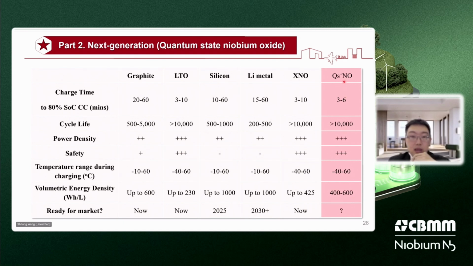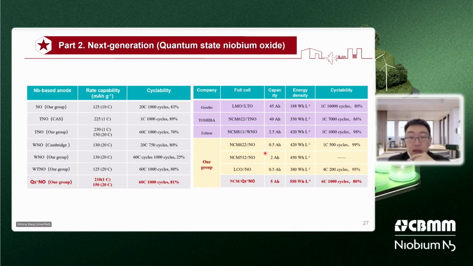And you can see the properties, especially the power density, safety, as well as the temperature range during the cycling, are quite promising compared to other niobium materials or other anodes. And comparing with the recently reported niobium-based anodes in academia, as well as the fast-charging cells in the industry, our product exhibits high competitiveness.